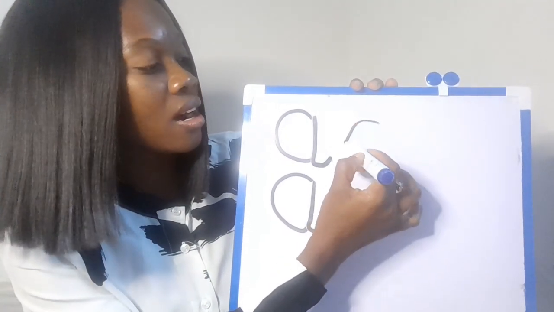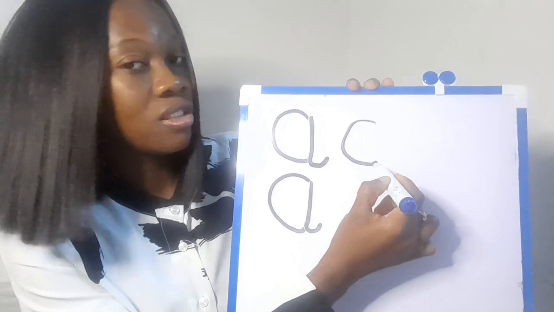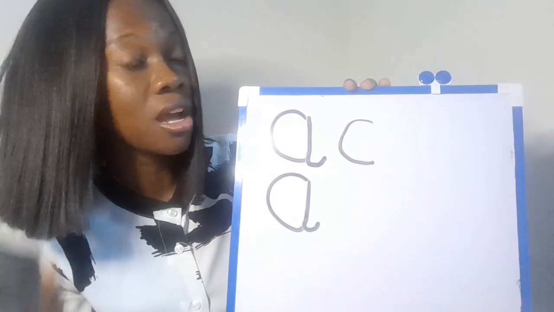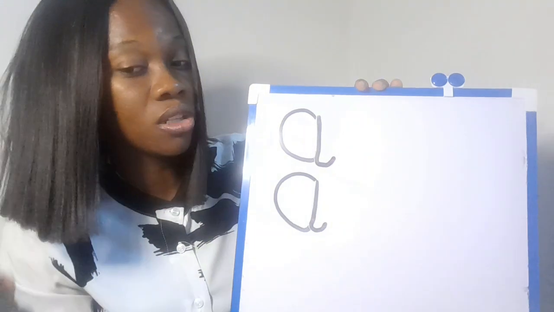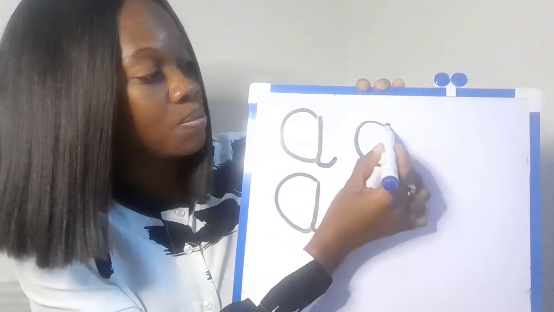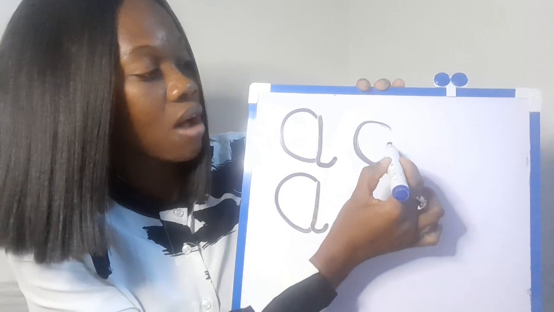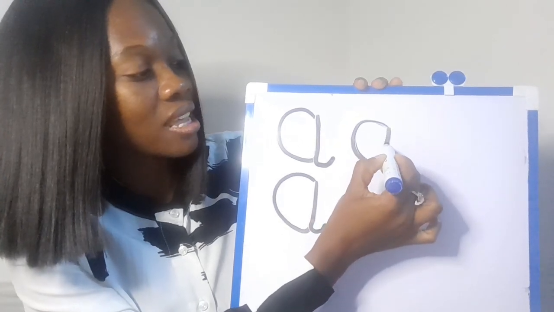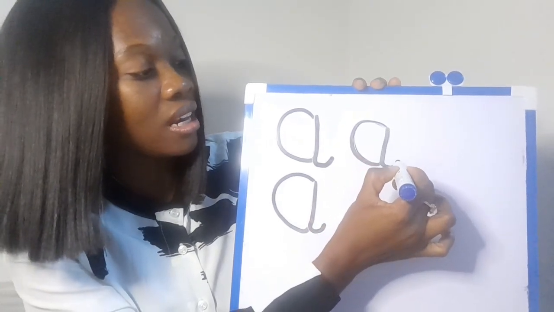A back curve. Are you seeing? Don't take your hands away. No, no, no. You're not going to do that. Okay? So this is what you're going to do. A back curve. Can you see that? A back curve. Go up, down the same line, and make a little loop. Did you see that? Beautiful.